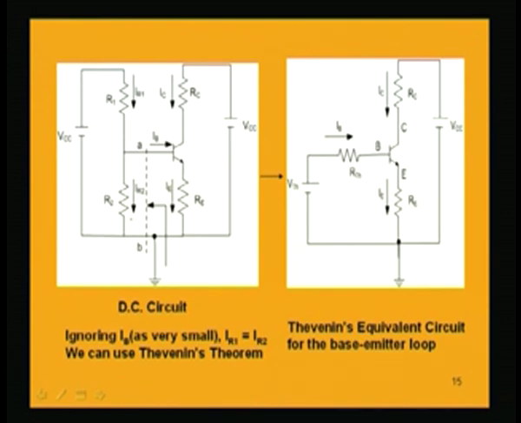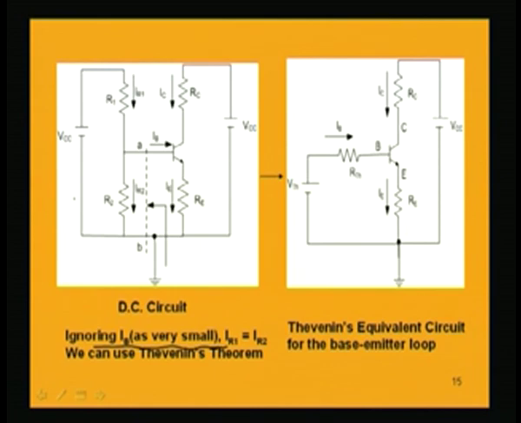Exactly, IR1 and IR2 are not equal, but we will conveniently ignore this base current since its value is very small, and approximately we can replace this whole circuit by its Thevenin's equivalent, provided IB is very small. So, we can neglect it, which means this current and this current are the same. If we neglect base current, then we can find this equivalent.